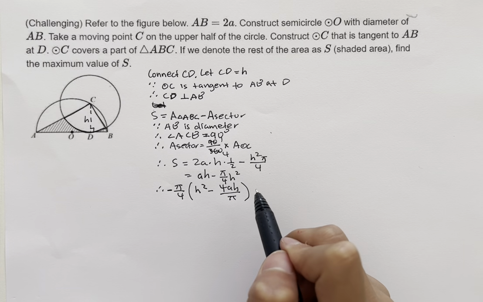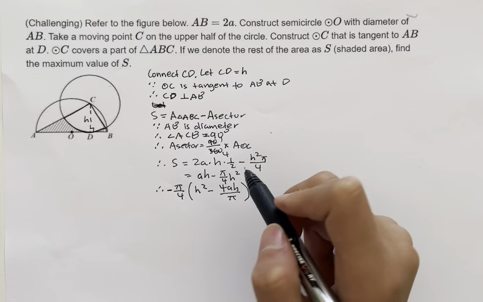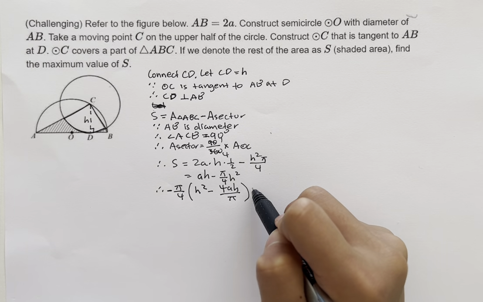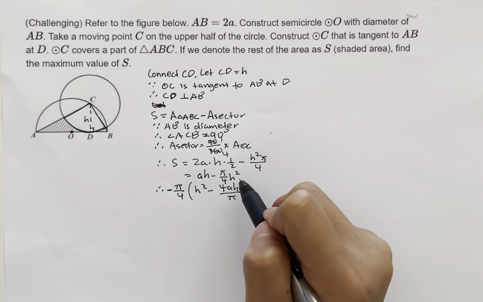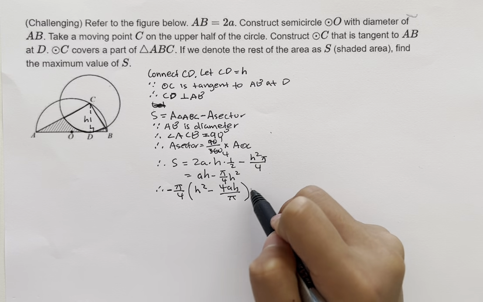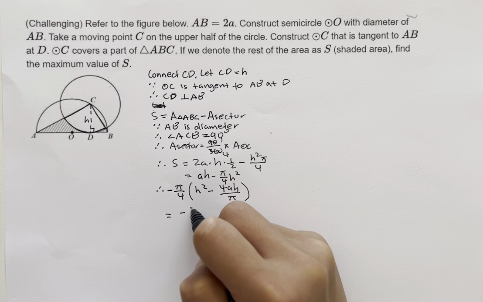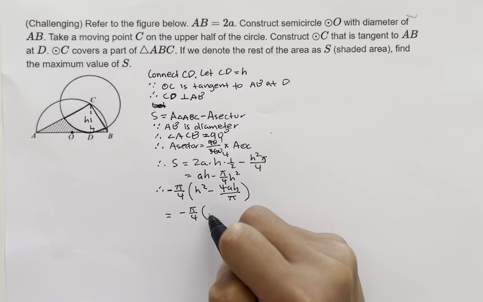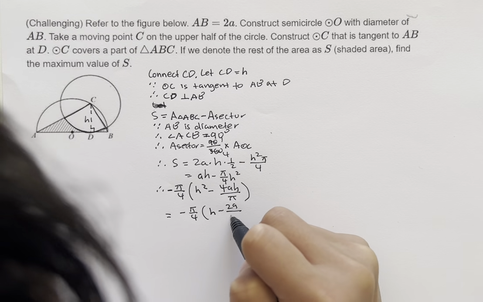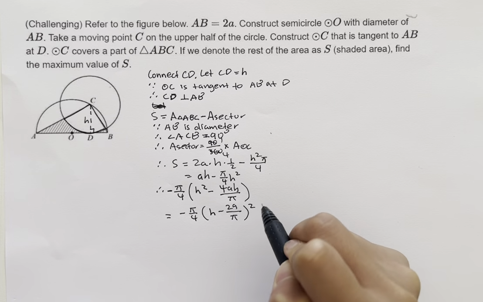So it'll be positive ah if you expand the parentheses. And now we have an h squared here, and then negative 4ah divided by pi. This here can be simplified into perfect square form. It will be h minus 2a over pi, squared.